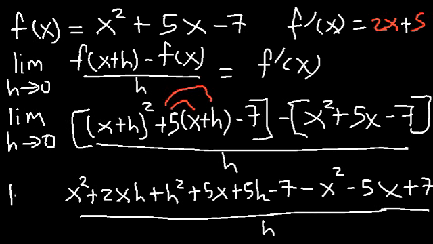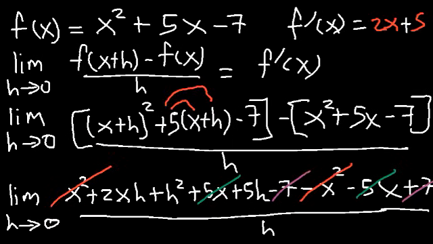And we still have the limit. So on a test, if you have a free response question, make sure you rewrite the limit expression until you replace h with 0. So now we can cancel x squared, and we can also cancel 5x, and we can get rid of the 7's.